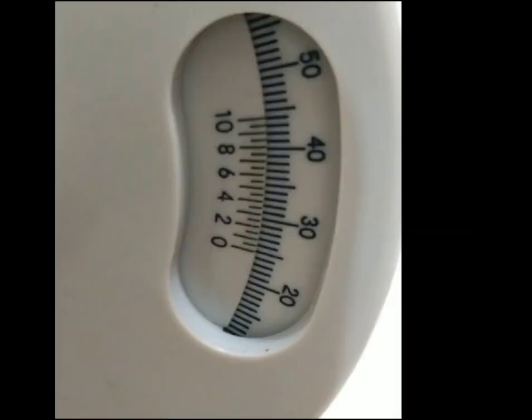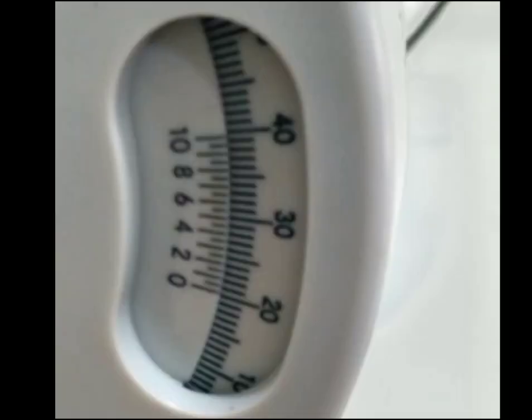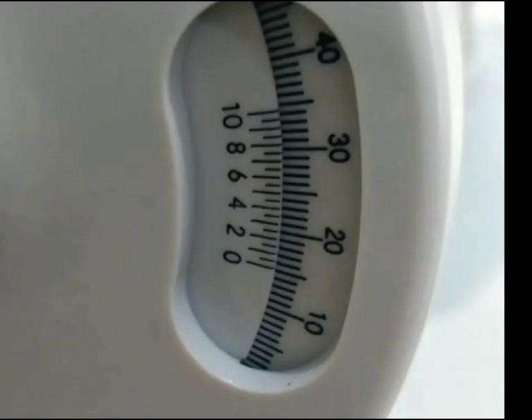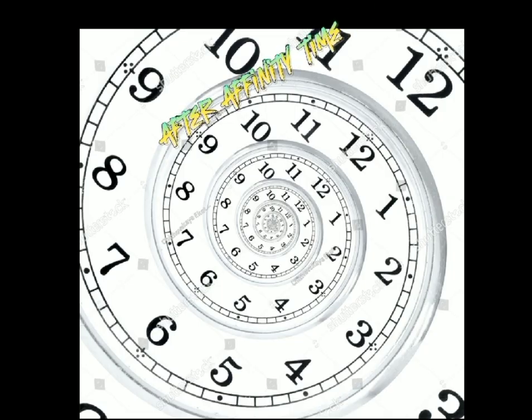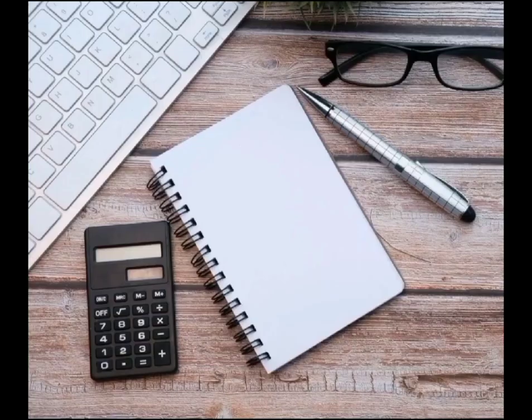We'll see that after rotation this reading appears. After 16 minutes this reading appears. Now after 25 minutes we get this reading. After infinity time we see this reading on the scale.